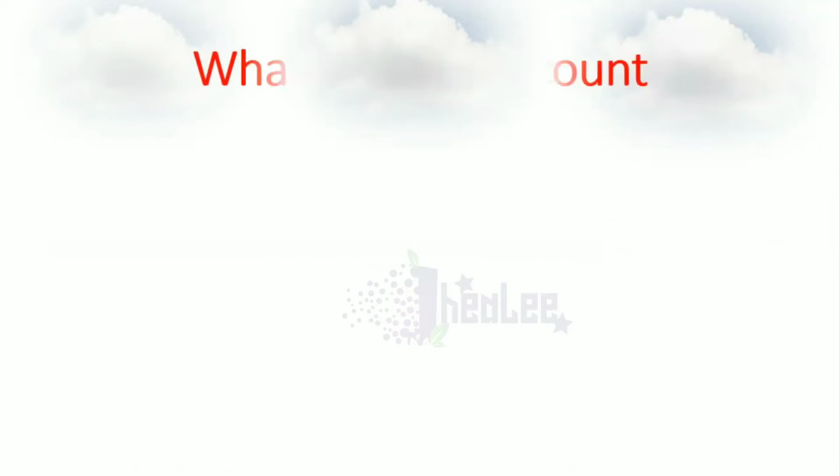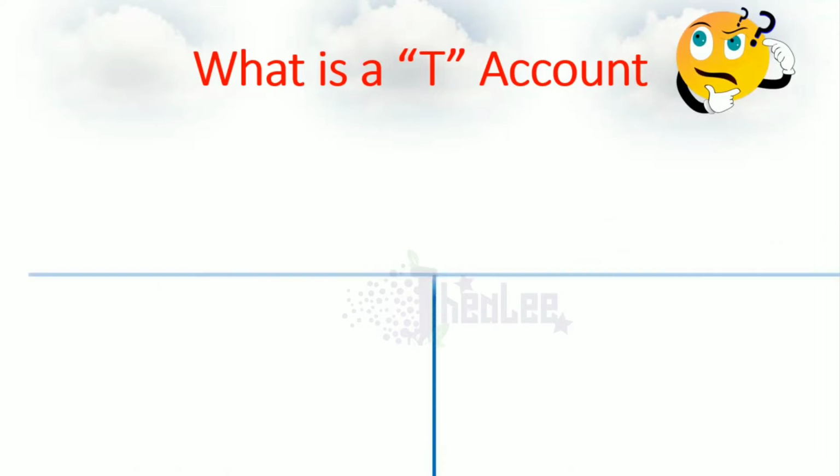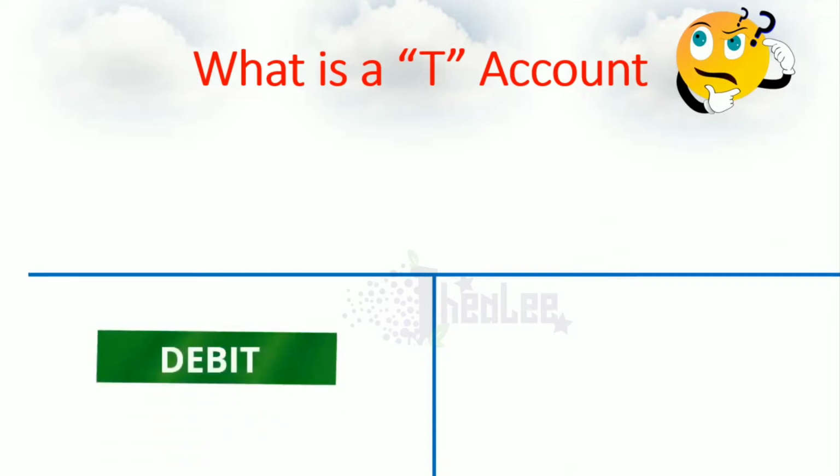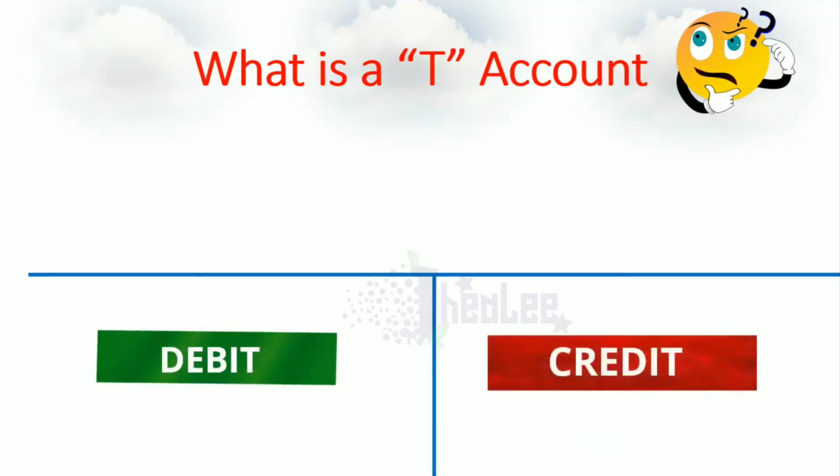We're now going to look at what is a T account. A T account is simply a T. It represents that capital T. On the left-hand side is the debit. On the right-hand side is our credit.